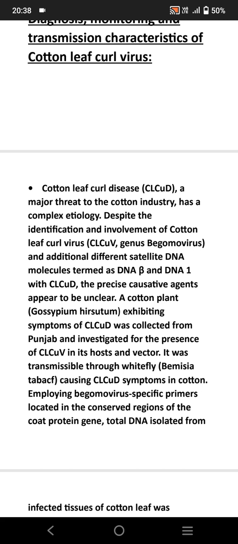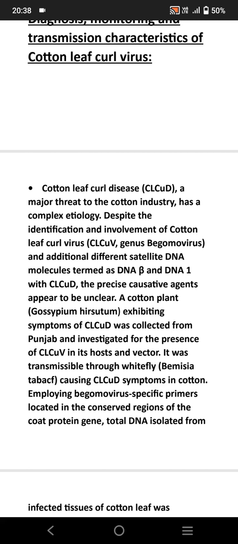A cotton plant exhibiting symptoms of cotton leaf curl disease was collected from Punjab and investigated for the presence of cotton leaf curl virus in its host and vector. It was transmissible through whitefly, causing cotton leaf curl disease.